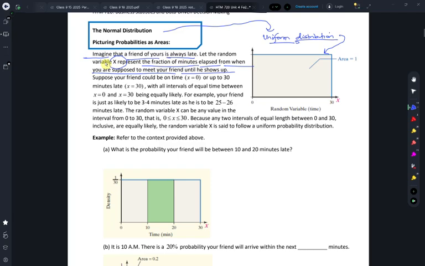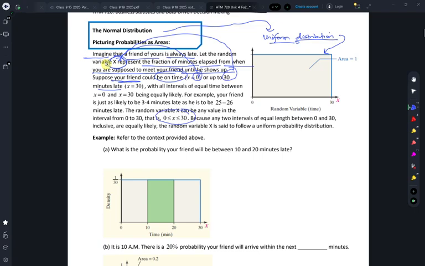Sometimes this friend could be on time, in which case x has the value 0 minutes, and sometimes the friend could be up to 30 minutes late. So x can go from at least 0 minutes if the friend shows up on time to at most 30 minutes if the friend really, really is late.